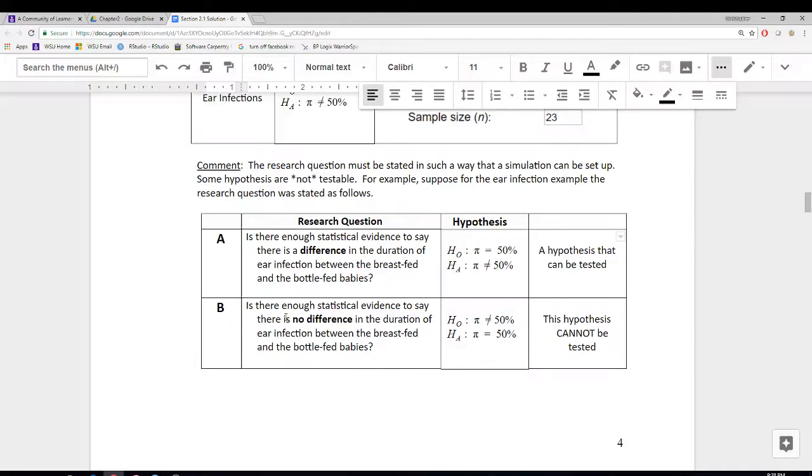Let us consider a slightly different version of that research question. Is there enough evidence to say that there's no difference in the duration of ear infection between breastfed and bottle-fed? So all we've done here is simply reversed what we put in the null and alternative hypothesis. Now, this hypothesis cannot be tested in a statistical way.